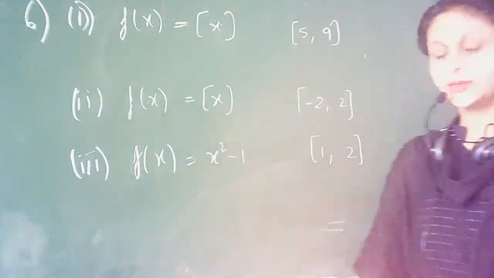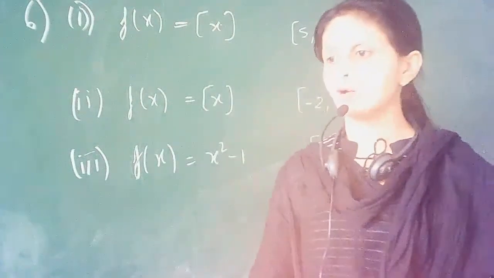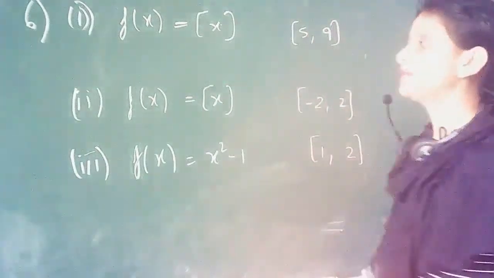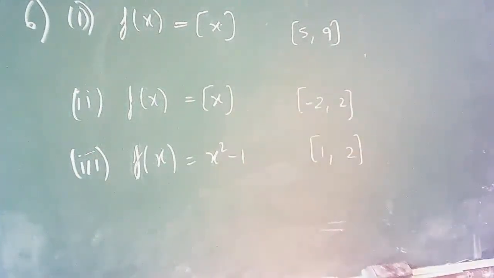Second condition is it should be differentiable in the open interval AB. And the third condition is about the function values at the endpoints: F of A should not be equal to f of B. So is the mean value theorem applicable for this first function? Please answer, students.